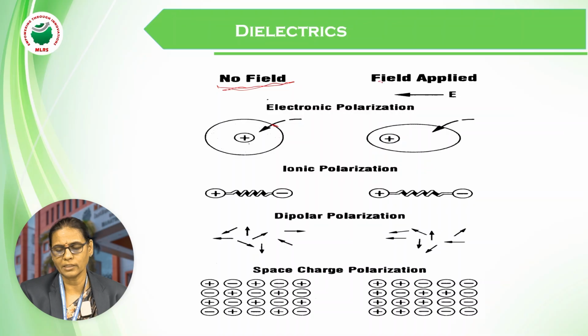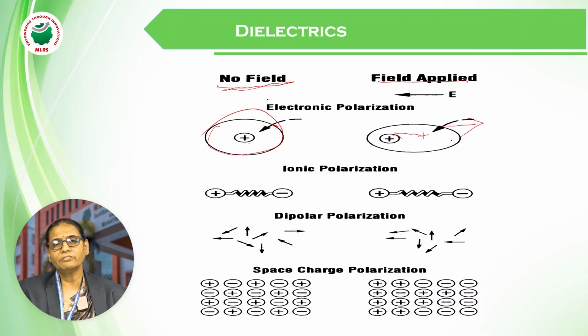Now, when you are applying the field, we are applying the electric field in the opposite direction. Then what is happening when you apply the electric field in this situation? Automatically this charge carrier moves here. Initially it was present here, now there is a change in its position. Now the charge carriers are moving in this direction.